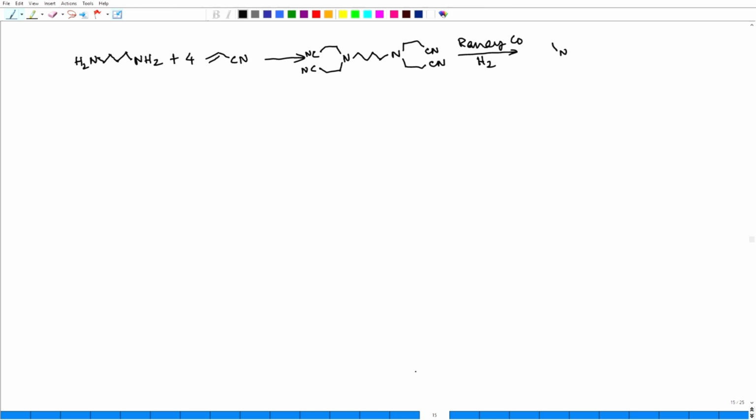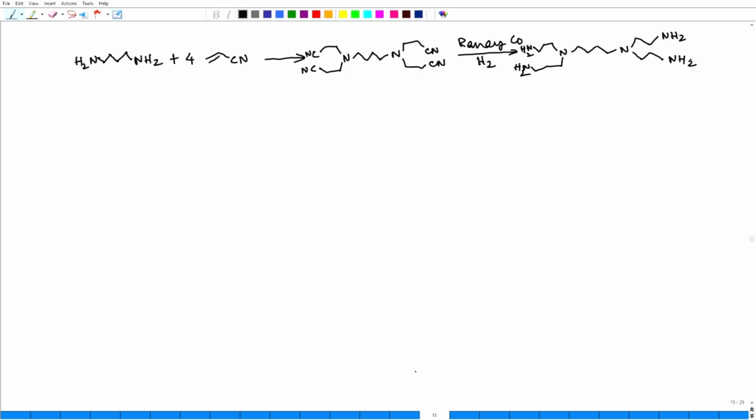Then what will happen? I get 1, 2, 3, and 1, 2, 3, and here I have 4. Then I get this compound.